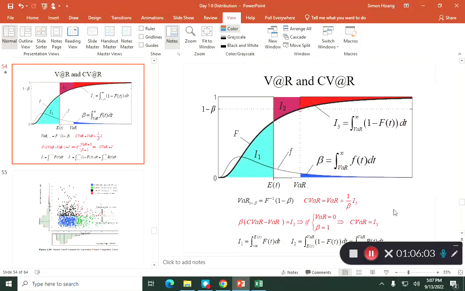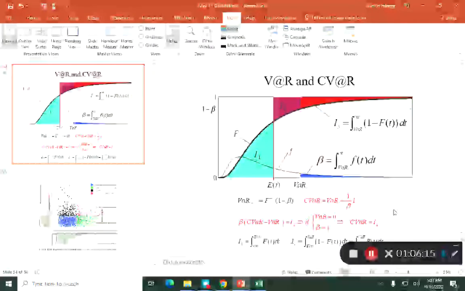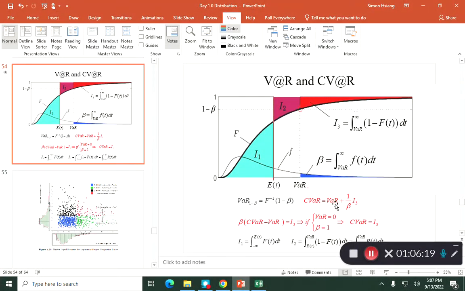Is CVAR always bigger than VAR or less than VAR? Which one is big, CVAR or VAR? CVAR equal to VAR plus I3 minus beta divided by beta.